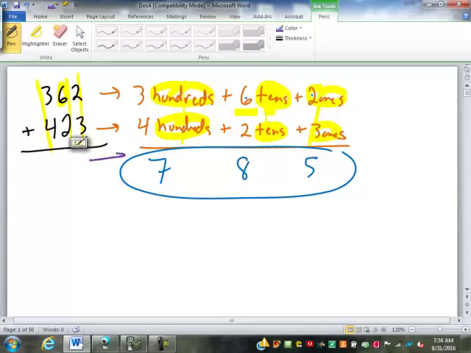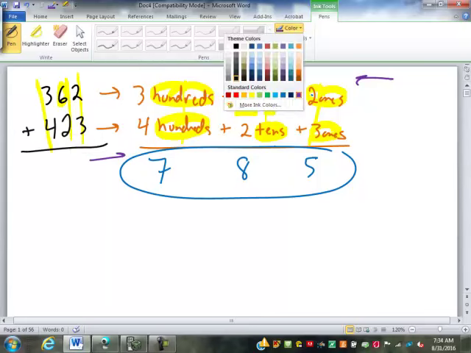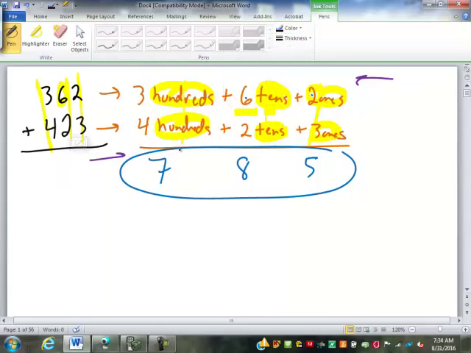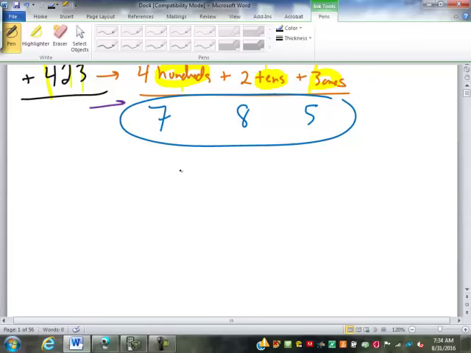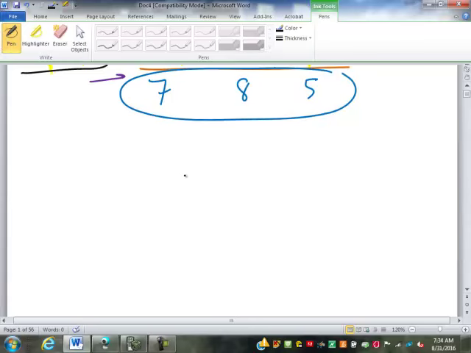Yeah, I went left to right. We've been taught to go right to left, right? Why do we go right to left? Normally, we'd start on the right and work our way back to the left because we might have to carry. 479 plus 246.